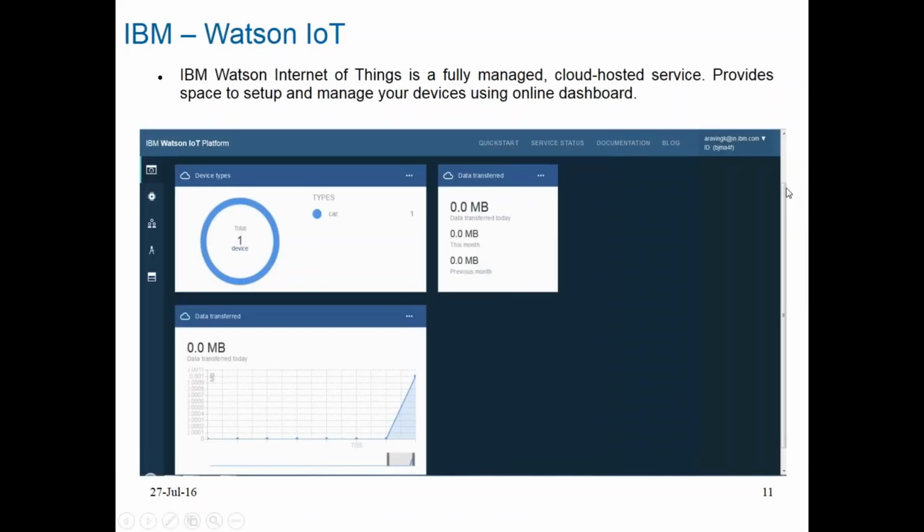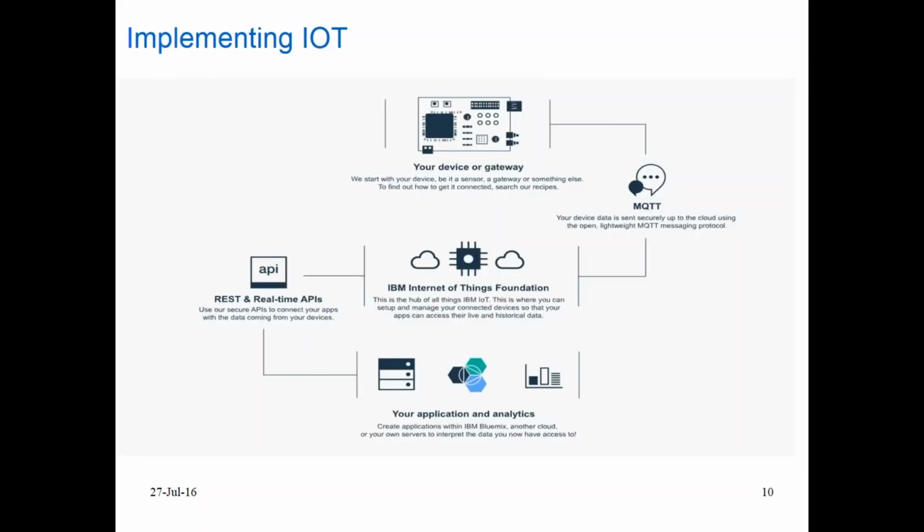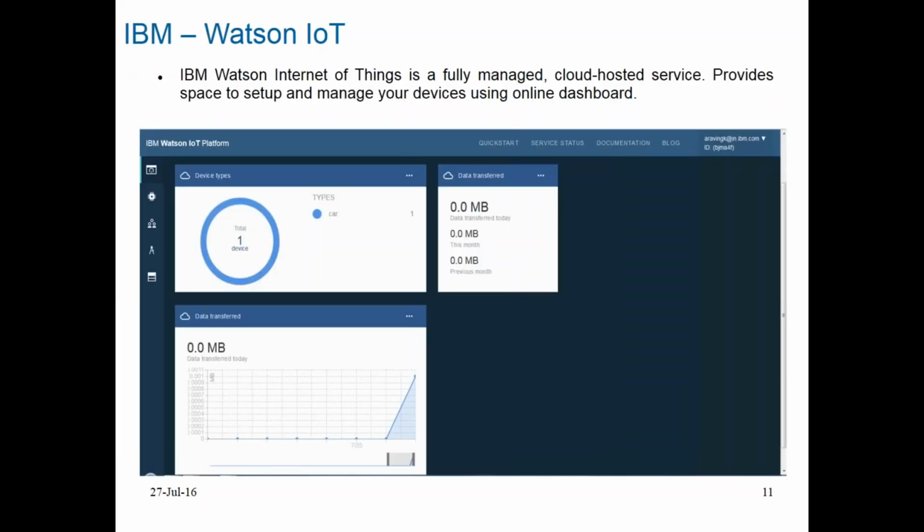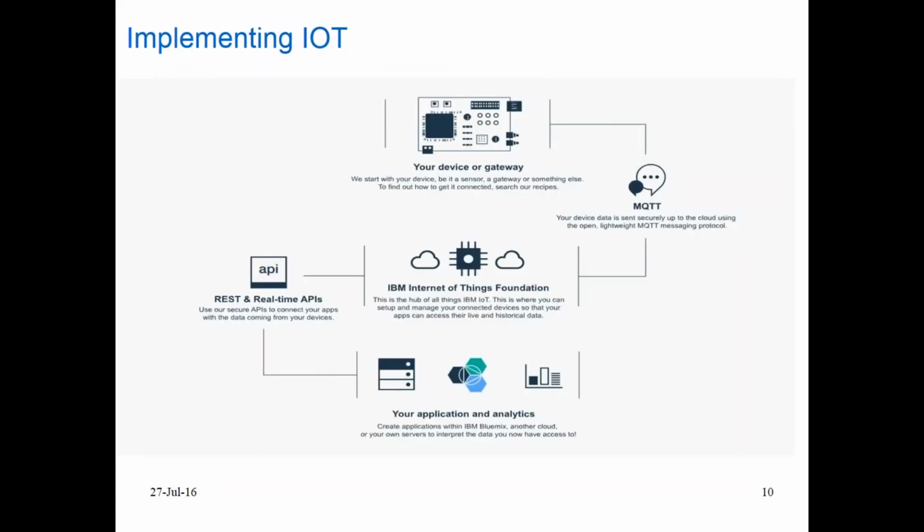Okay, so let's go about actualizing it. As I said, the message broker which we are going to use here is the Watson IoT platform, that is IBM's IoT Foundation, and the application server will be the cloud platform, IBM Bluemix.